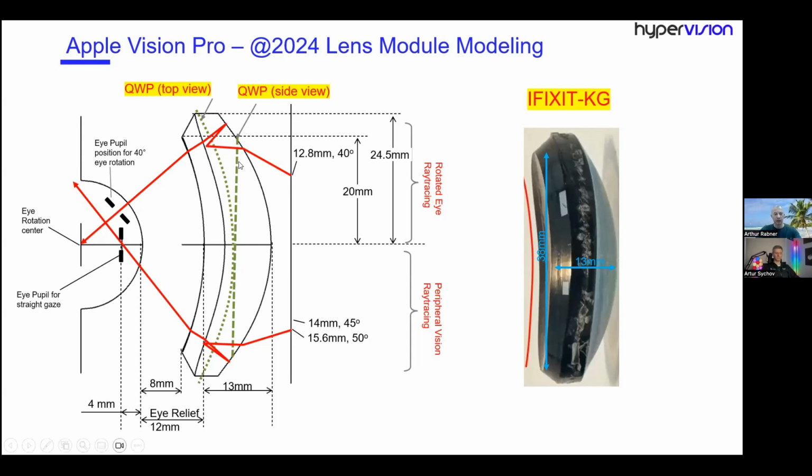And because of the same lens surface, and the diameter of the lens is limited, the rotational vision ends at about 40 degrees field of view, while peripheral can have something around 50 degrees. So when we talk about field of view, we usually talk about peripheral because it's bigger. But we need to know that there is also rotational field of view.